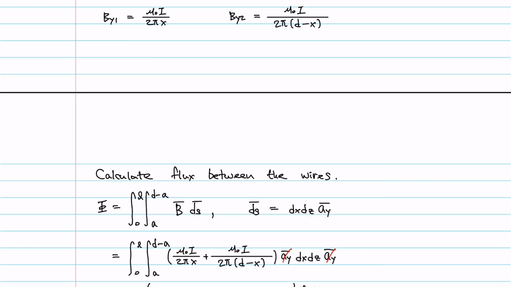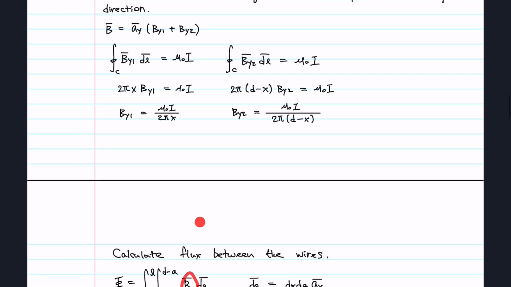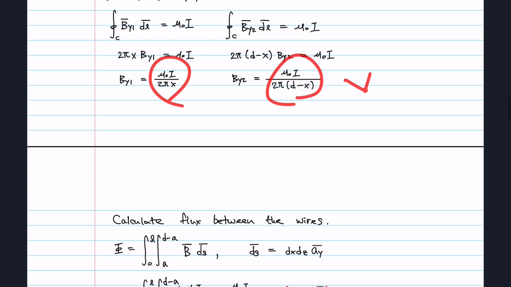That's your ds. So now plug this inside here and plug the definition of the B vector, which is dissected into two parts as shown here. And of course, they're collectively in the y-axis direction, so you have to multiply ay to both of them and add them.